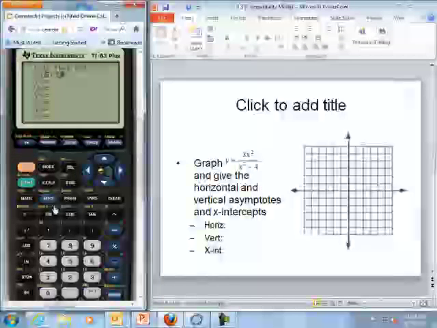I'm going to put parentheses around the top since there's more than one thing there, and parentheses around the bottom. Whoa.